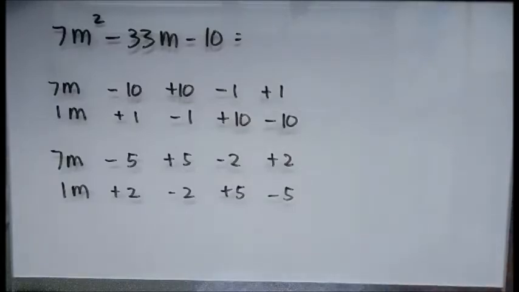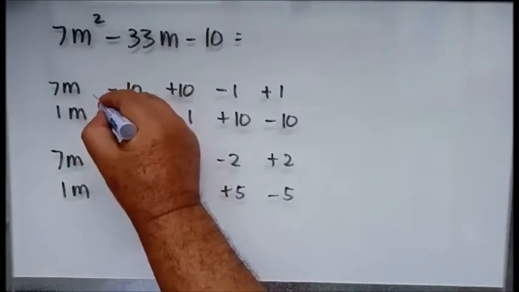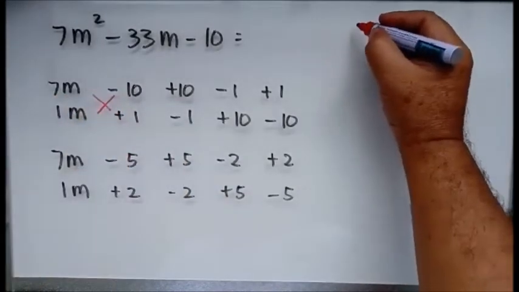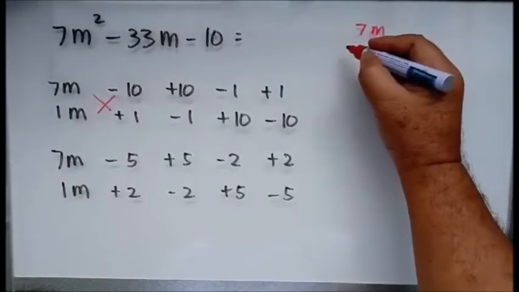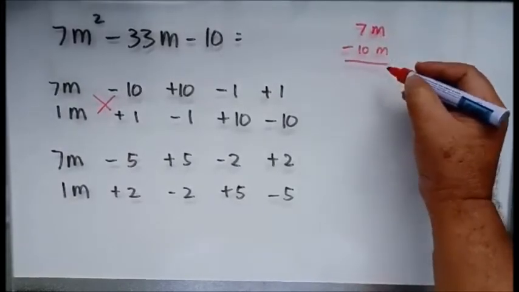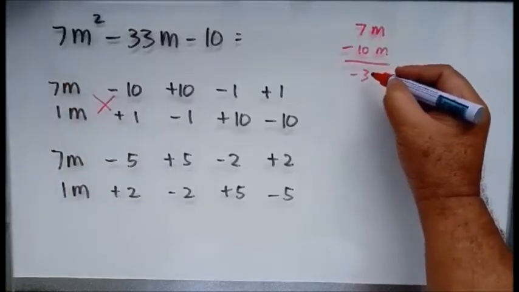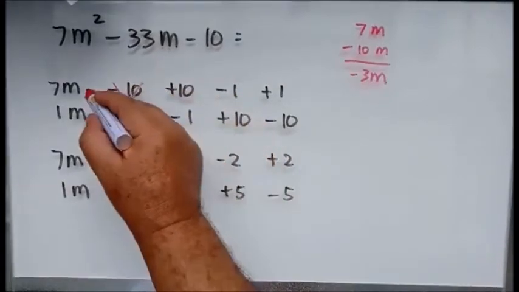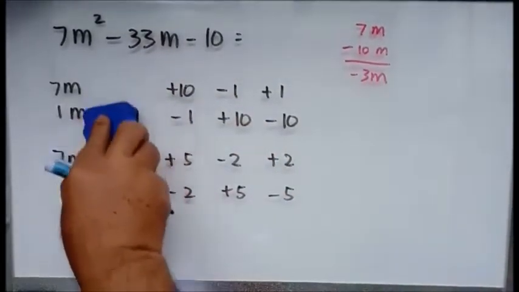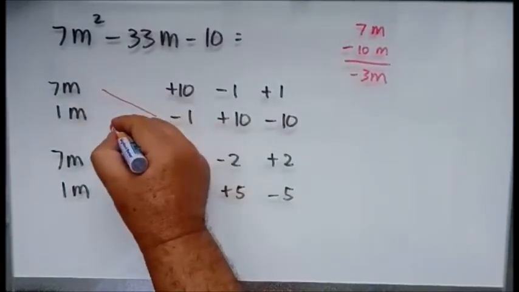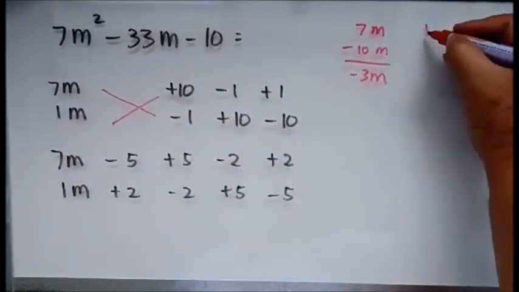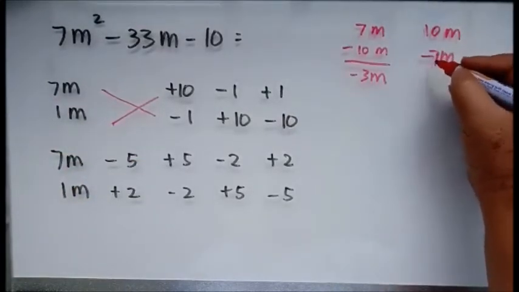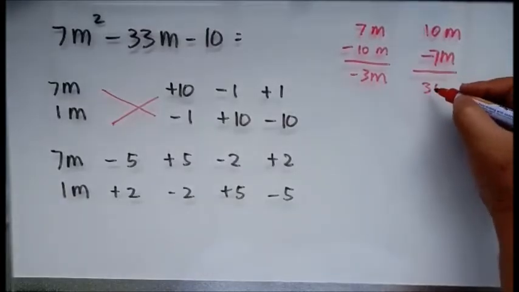Okay, let's check. Cross multiply. 7m, negative 10m will become negative 3m. So, wrong. Okay, let's try this one. 10m, negative 7m will become 3m.